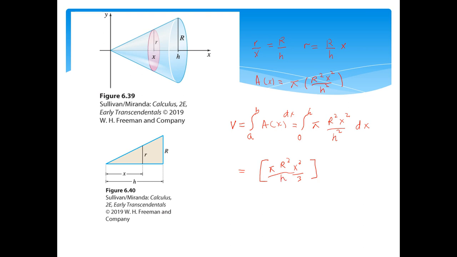We evaluate that from 0 to h. So when we substitute in, we're going to get pi times R squared, when we substitute here, h cubed divided by 3, then times 1 over h squared.